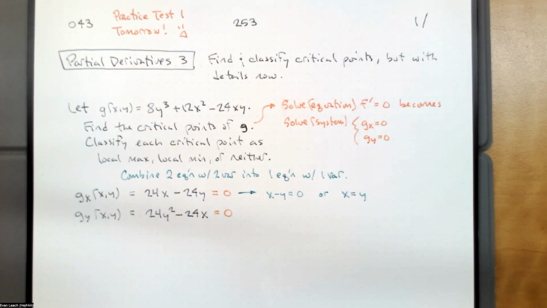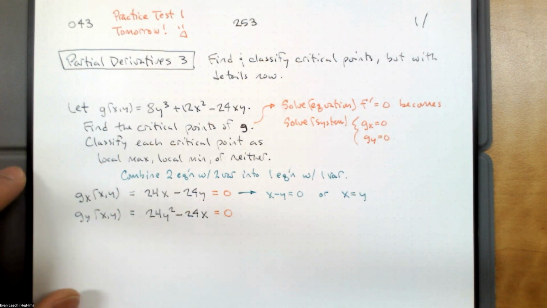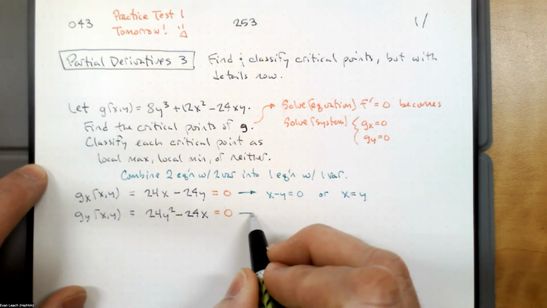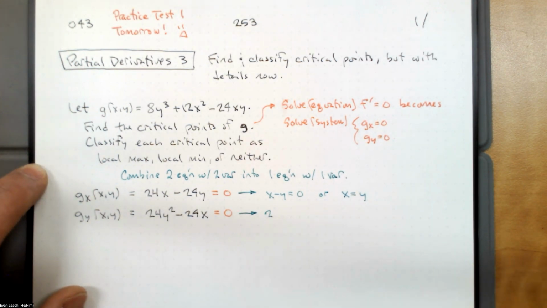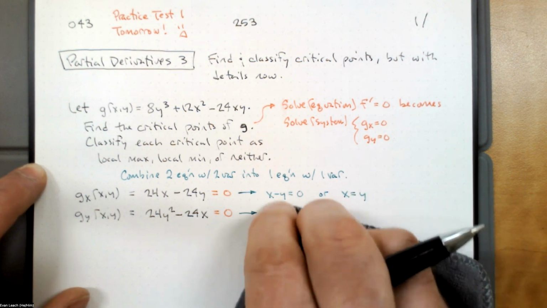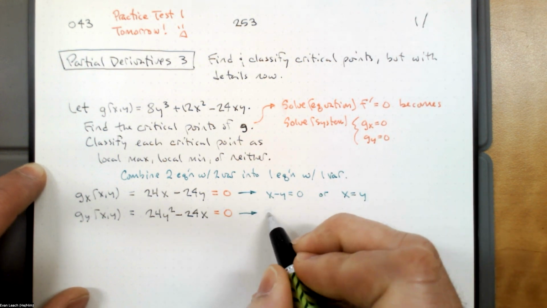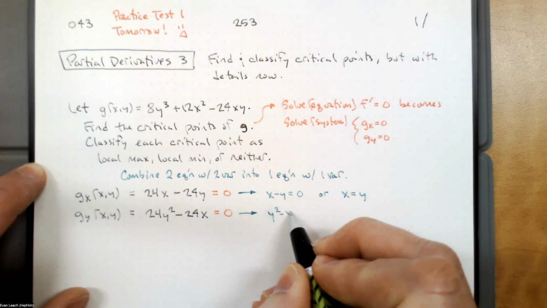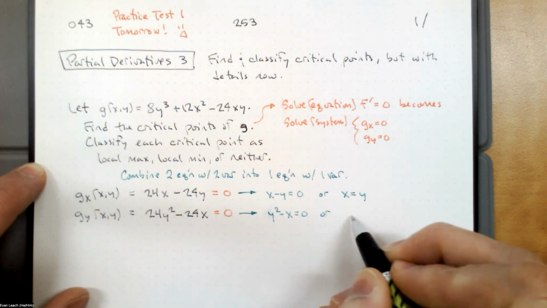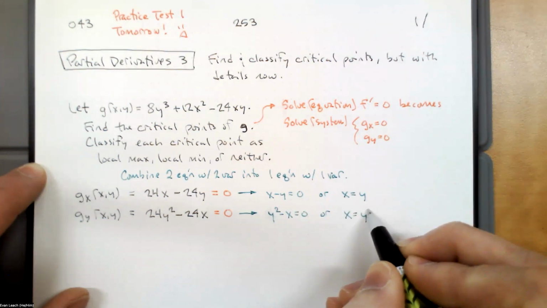In the second equation, we've got 24y squared minus 24x equals 0. We could drop out the 24. Y squared minus x equals 0, or we could say x equals y squared.